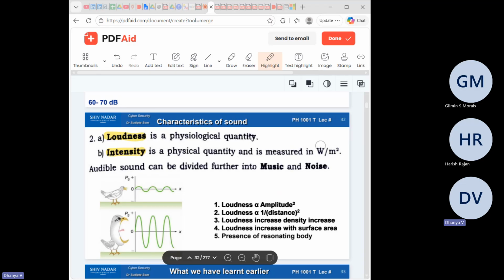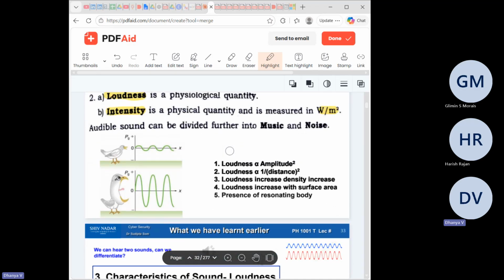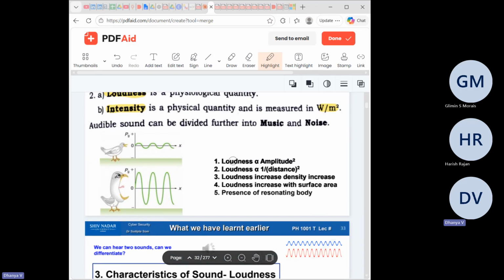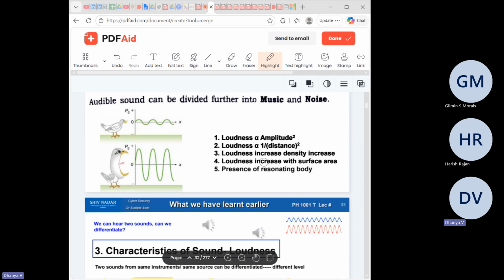It's a physical quantity, measured in watt per meter square. Loudness is proportional to amplitude square and inversely proportional to distance square. So the longer the wave travels, the less loud it becomes.